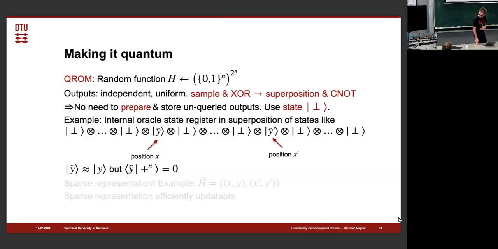Sorry, I don't understand. So this y tilde, is that supposed to be a bit string? Because you say it's orthogonal to the all-plus state. It's a quantum state, and it has these properties. You can think of taking the computational basis state y and doing one Gram-Schmidt step with the uniform superposition. So it's almost equal to the computational basis state, but orthogonal to the uniform superposition.